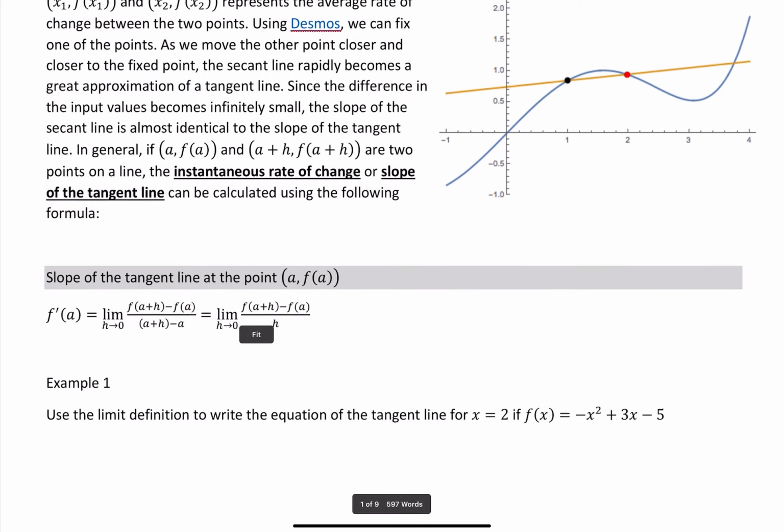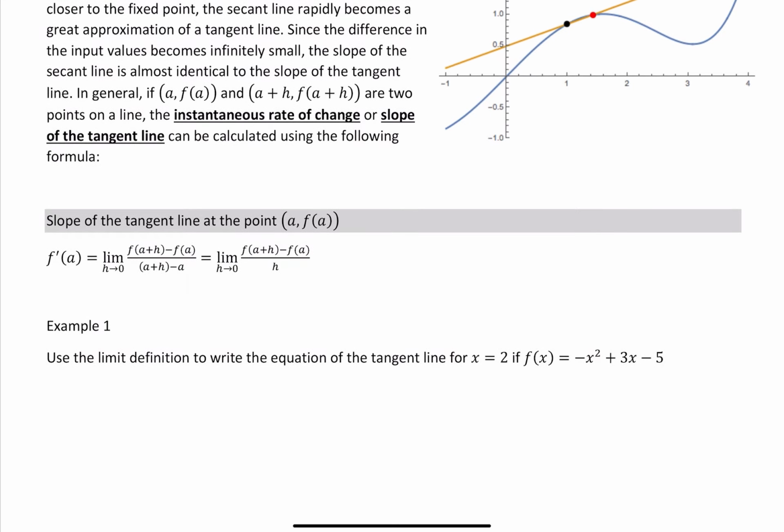And so if we use our average rate of change formula, we end up with f of a plus h minus f of a divided by a plus h minus a. So because h is getting closer and closer to 0, this is going to be a good candidate for the concept of a limit that we discussed in Unit 1.